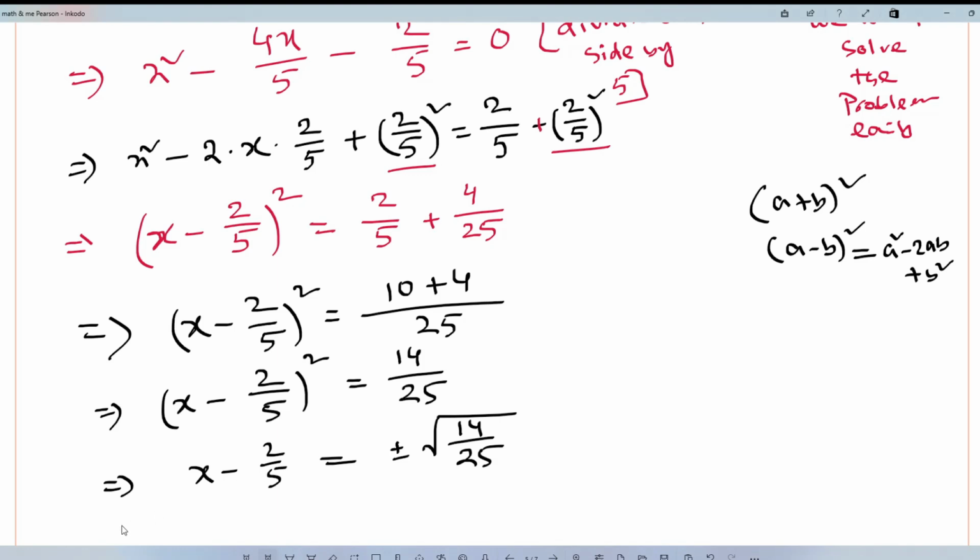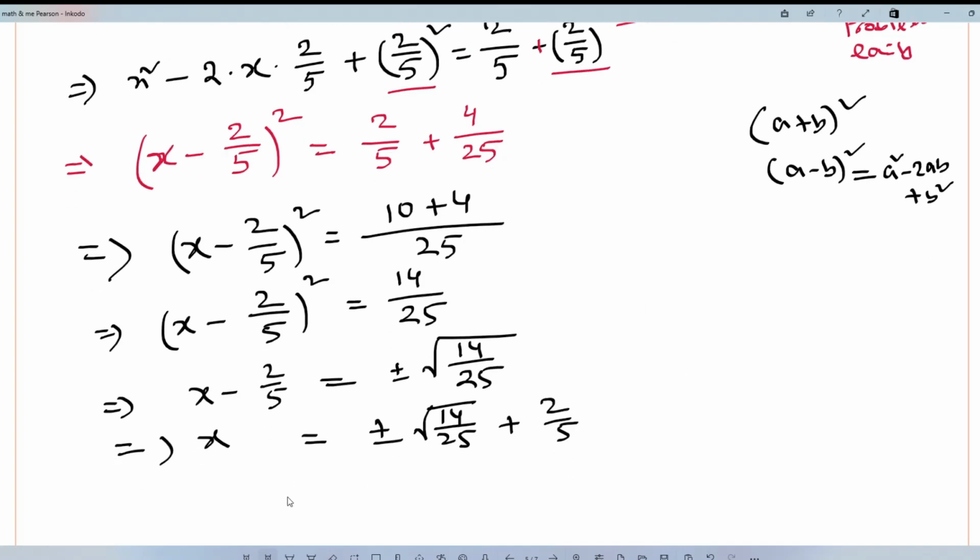So here is x equals plus minus root over 14 divided by 25 plus 2 by 5. Now look, what will be the answer?